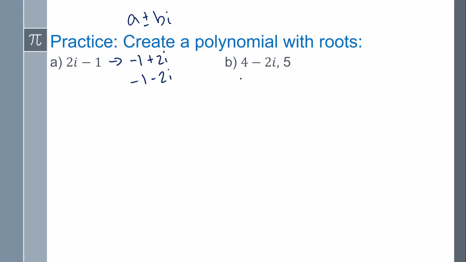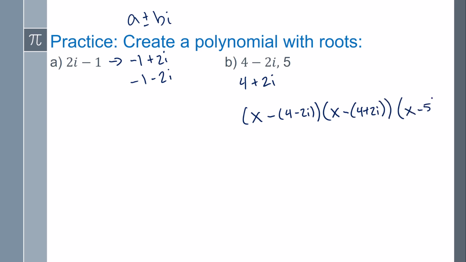The next here is I also need to include the 2 plus i, so I have x minus my first 0, x minus my second 0, and then I still have 5, so x minus my third 0. Now a hint here is to multiply those first, because if you do that, your imaginary numbers will cancel out, so then it makes it easier to multiply that through.